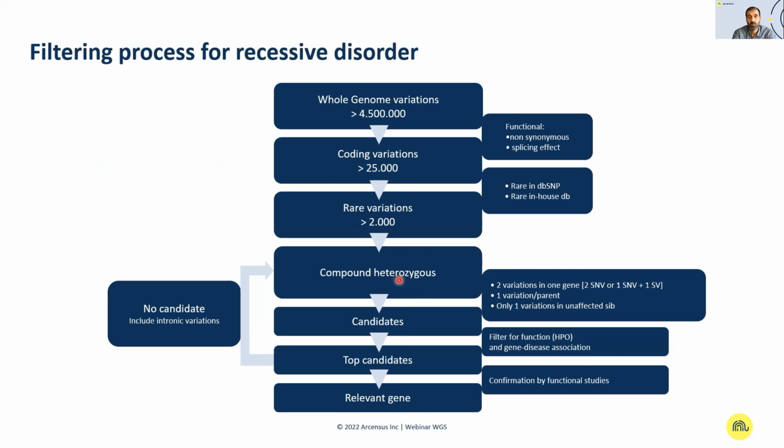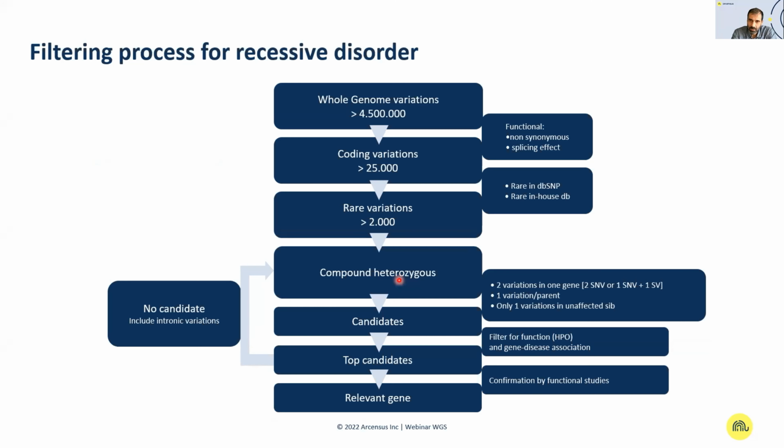And now I would like to give you an example of how the filtering procedure takes place. After identifying the variants, as I showed you earlier, when analyzing whole genome sequence data from a single case, you end up with over 4.5 million variants. So 4.5 million different nucleotide changes that have been identified in an individual when compared to the reference genome.